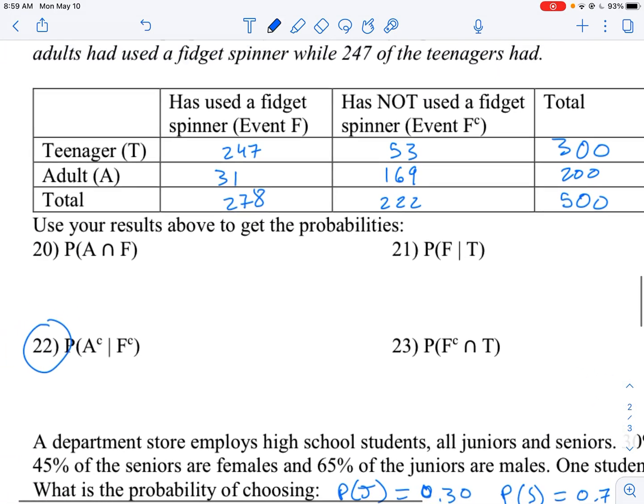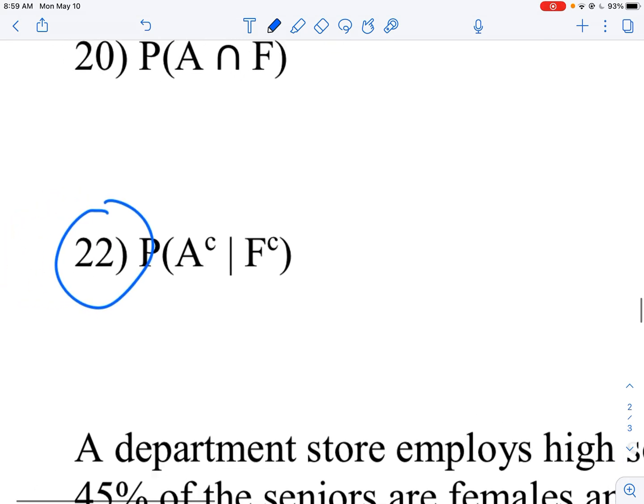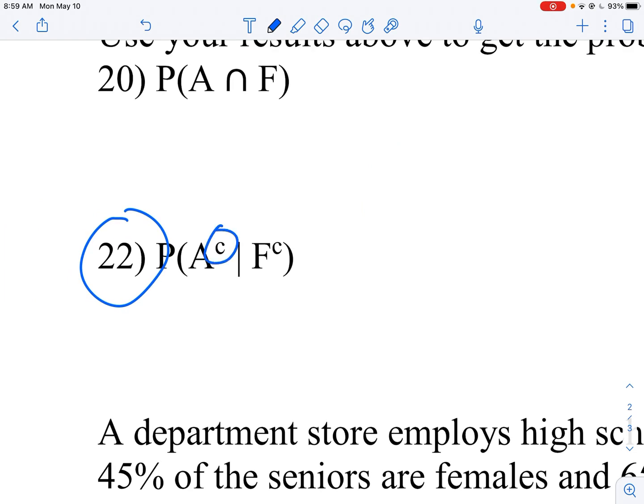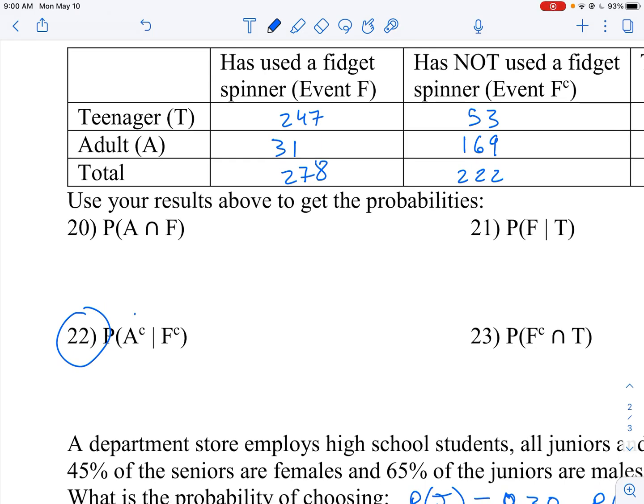Let's jump down to here. The table's not filled in for you, but if you read the words and do some adding and subtracting, you'll get these numbers. I want to show you this one because I want you to remember what this little symbol means, which means complement, or not that group. The complement of the adults in this situation would be teenagers, and the complement of having used a fidget spinner is not using a fidget spinner, which I'm going to leave as F complement.